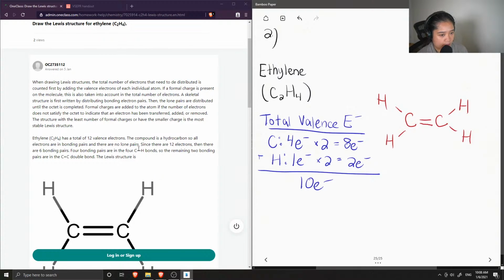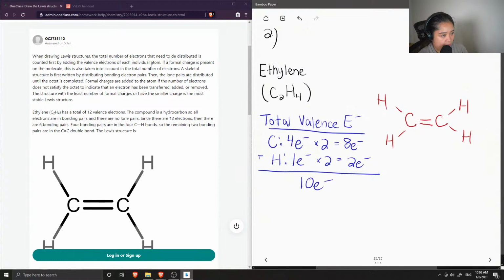Okay, so let's see what the junior tutor said. When drawing Lewis structures, the total number of electrons that needs to be distributed is counted first by adding the valence electrons of each individual atom. If a formal charge is present on the molecule, this is also taken into account in the total number of electrons.